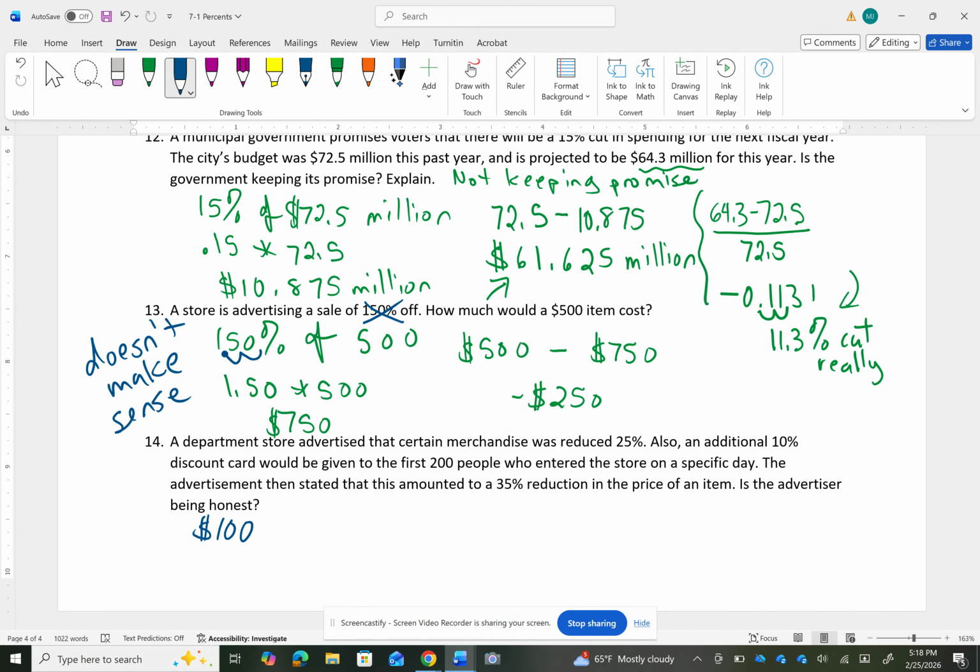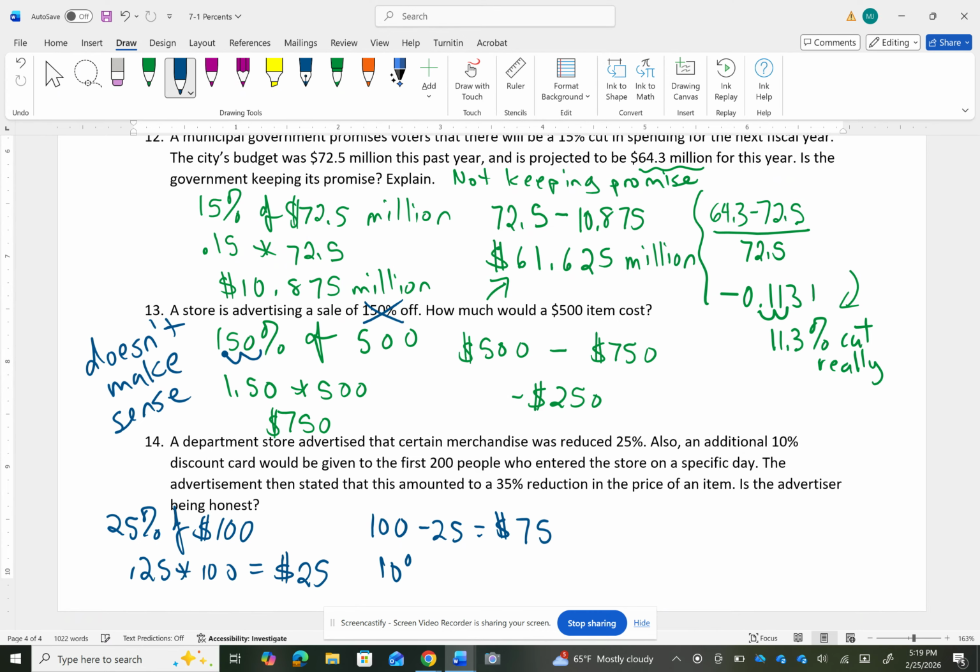If we applied the 25% off first, if it was a reduced 25%, okay, and it sounds like the merchandise was already reduced 25%. So it sounds like that's going to be applied first. So if I did 25% of the 100, that would be 0.25 times the 100. That would equal $25. So that original $100 item would now cost me $75. Okay. Then they're telling me, they've given me a discount card for 10% more, 10% off of that.